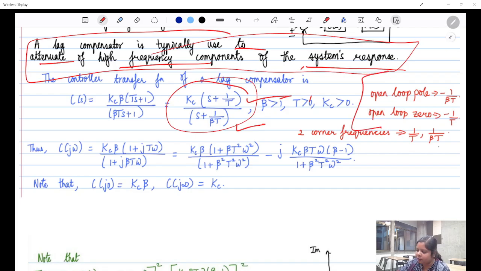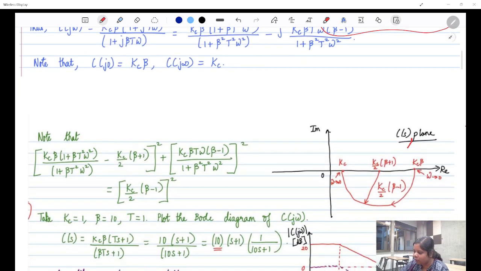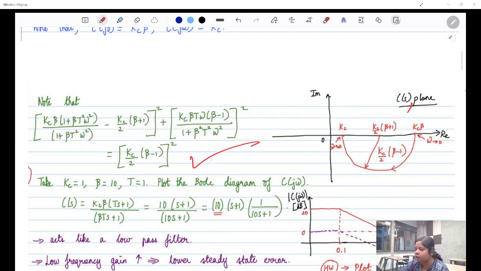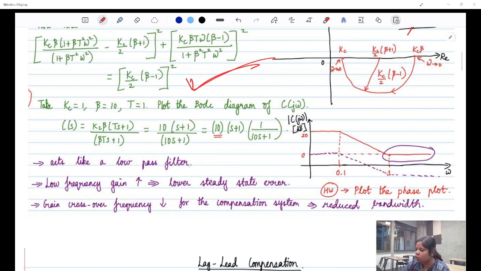Again, these are the open loop poles and zeros. It has two corner frequencies at 1 by T and 1 by beta T. If you plot the Nyquist plot, you'll observe that it is also a circle for omega varying between 0 to infinity. It acts as a low pass filter. This is the basic magnitude plot for a lag compensator if you try it with an example.